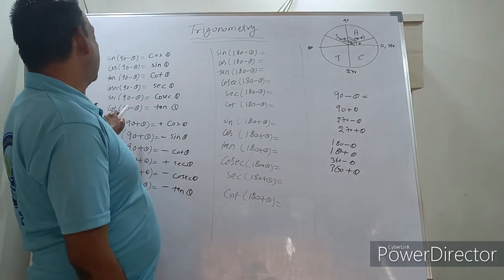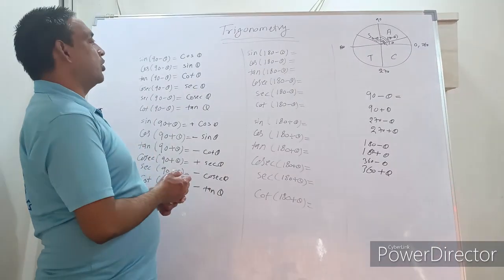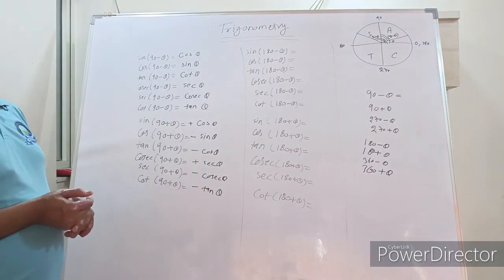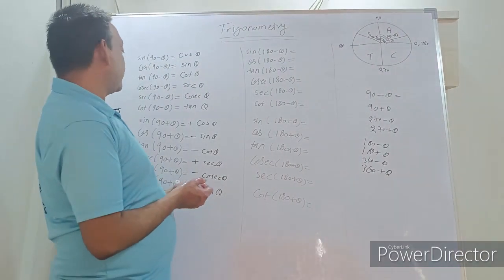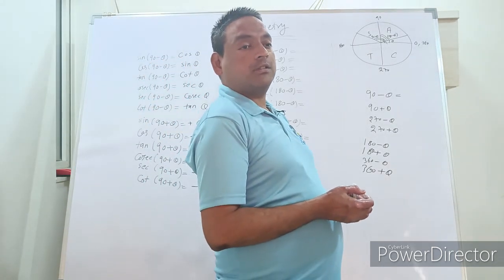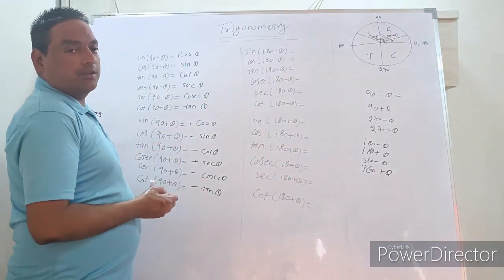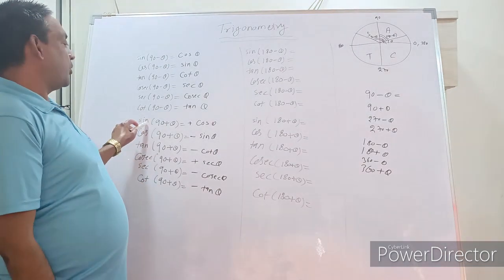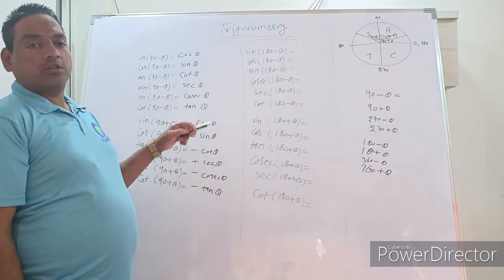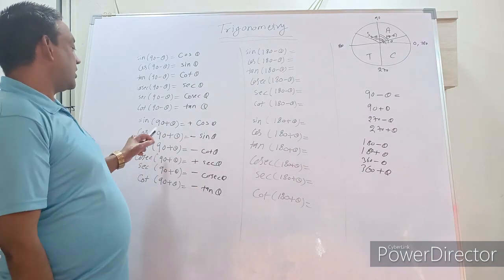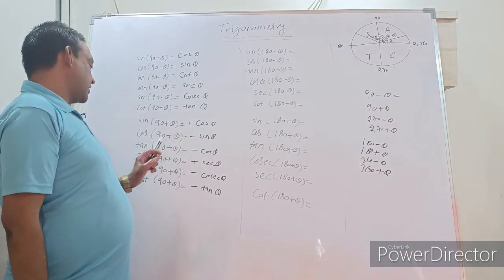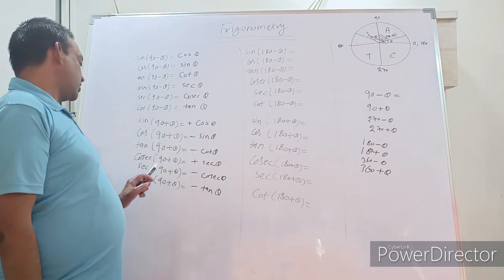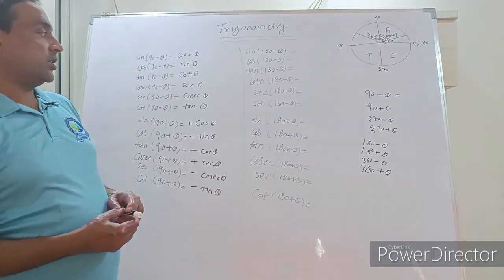So what is sine of 90 plus theta? Sine's value is positive, so it will be positive cos theta, and cos's value will be negative, tan is negative, cosec is positive, sec is negative, and cot is also negative.